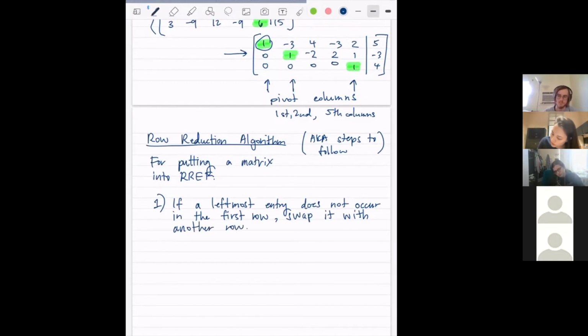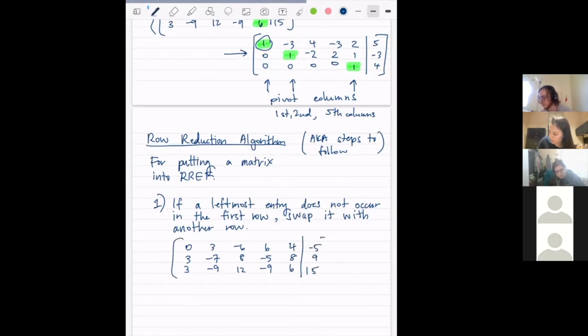Okay, so just to copy down this matrix again, 12, 4, 8, 6, and 5, 9, and 15.